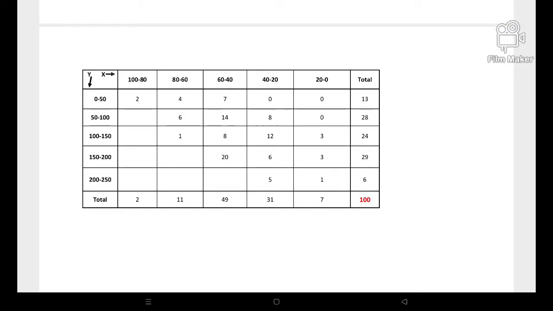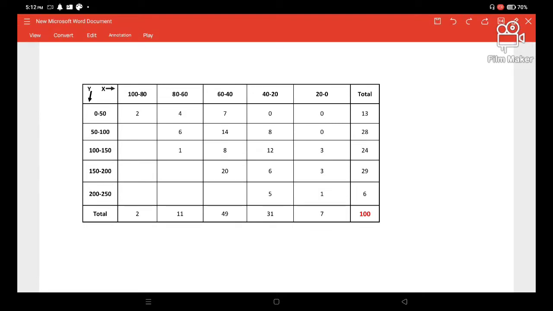We'll solve this problem step by step. First of all, we'll make the total of the variables, so we can find out the total frequency. This is called step 1: find the total n.